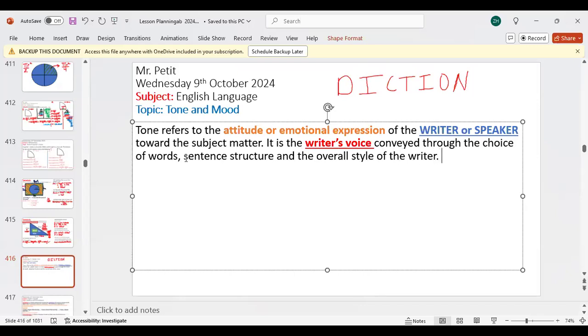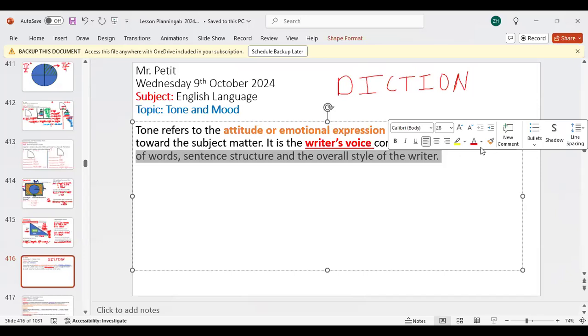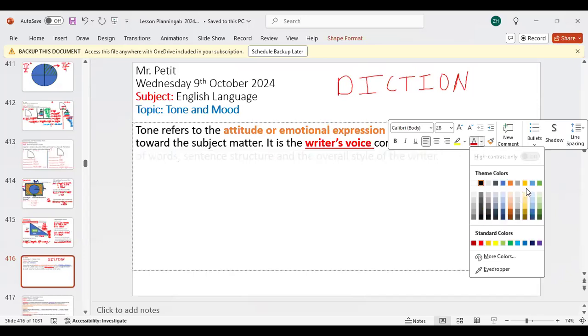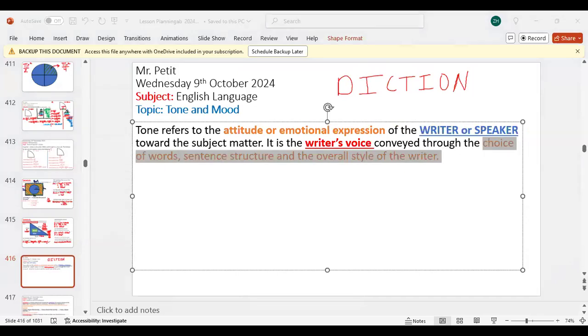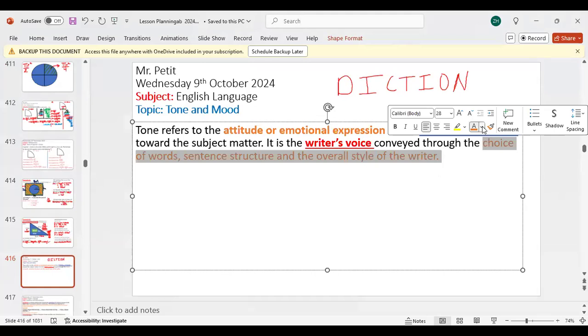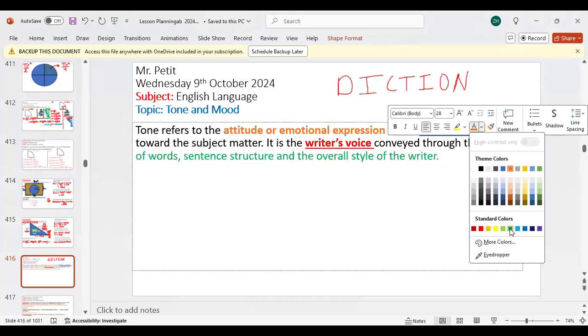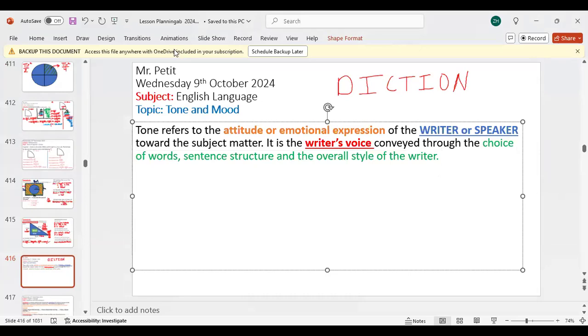That's what we mean by that. Okay. So the tone is the writer's voice, and it's conveyed through the choice of words. It's conveyed through the overall style and structure of the writer.